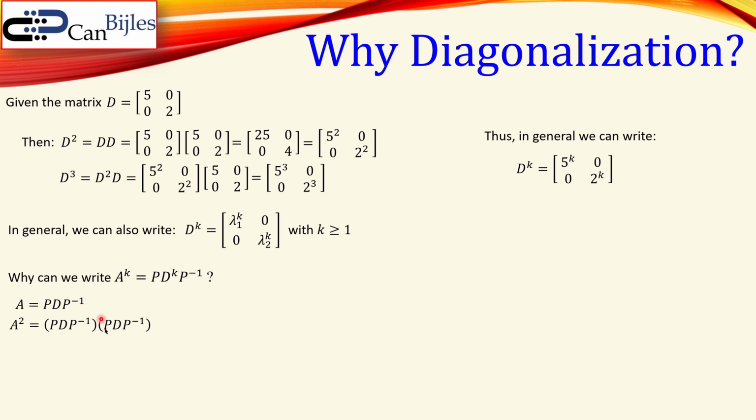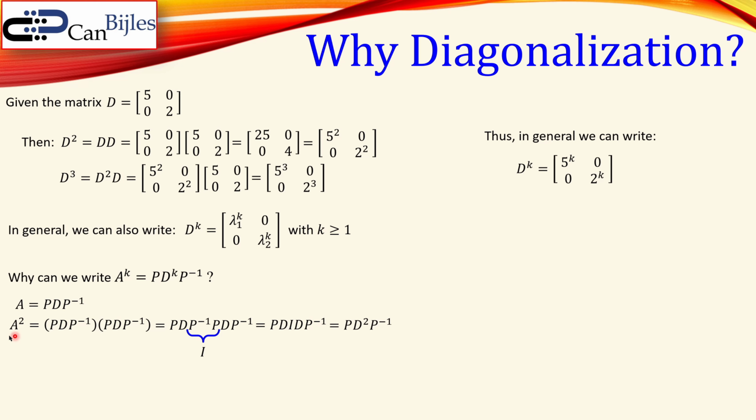So we get again the same thing here, but now you can see here p to the power minus 1, so the p inverse times the p, that will be here actually the identity matrix, because if you have an inverse of a matrix times itself in the not inverse form, you will always have the identity matrix, like a 1 in the scalar operations. So you have then here p times d times the identity matrix times d times the inverse of the matrix p. But d times I is just d, so you will have here d squared.